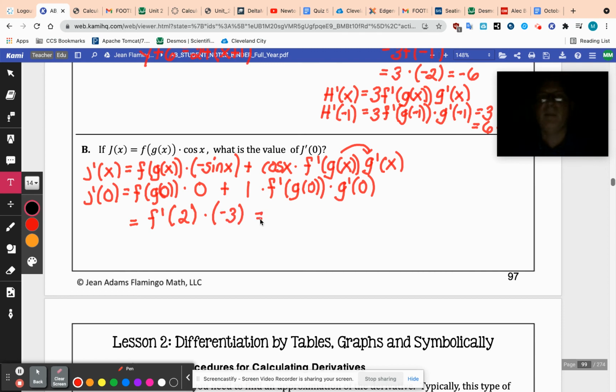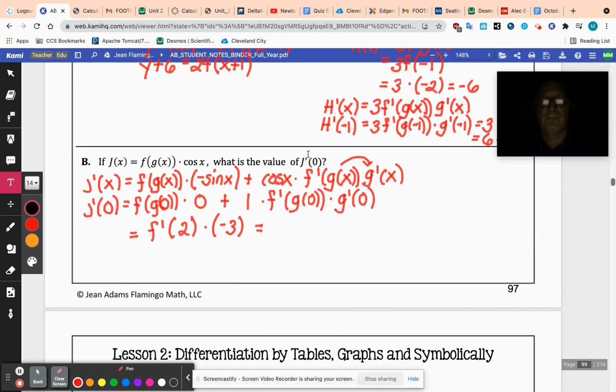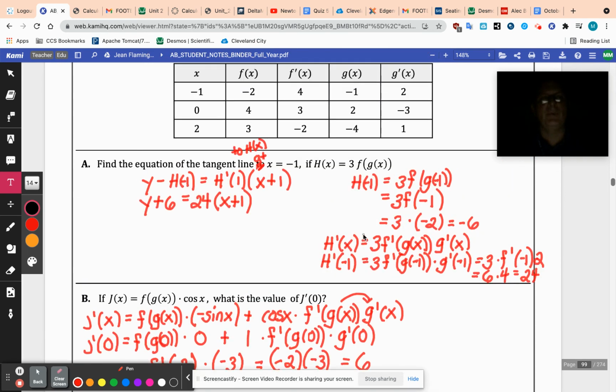And then f prime of 2 is negative 2. So this will be negative 2 times negative 3, and our answer is 6. Woo-wee! All right, so that is example 5.